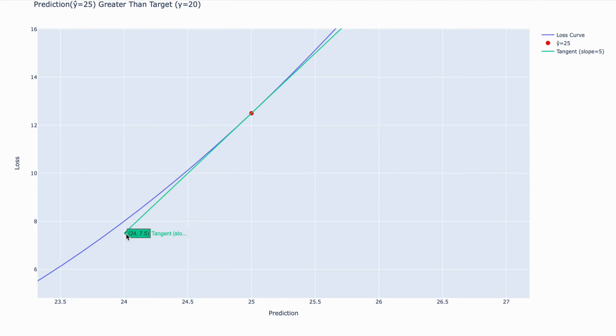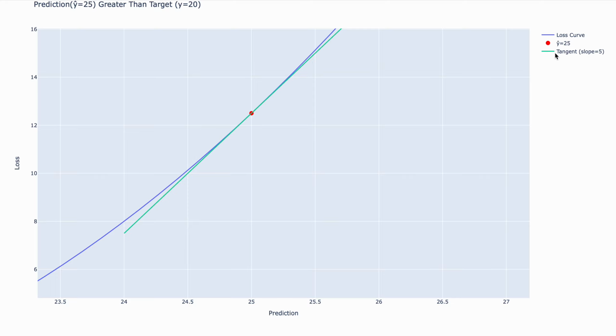So the loss decreased from 12.5. Remember, the loss over here was 12.5. So the prediction was 25 and the loss was 12.5. And over here, when we decreased the prediction by 1, the loss decreased by 5. Why is that?